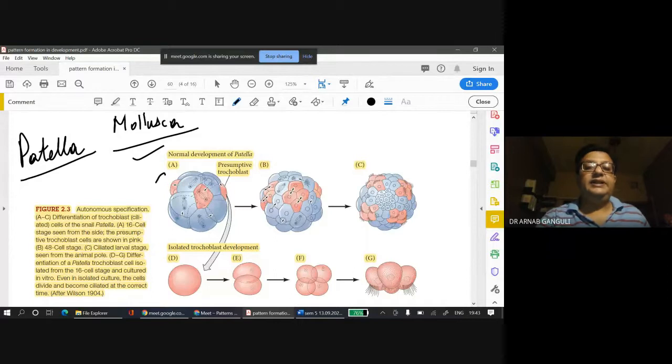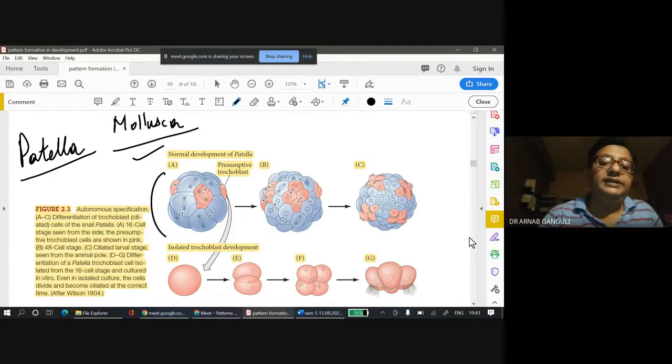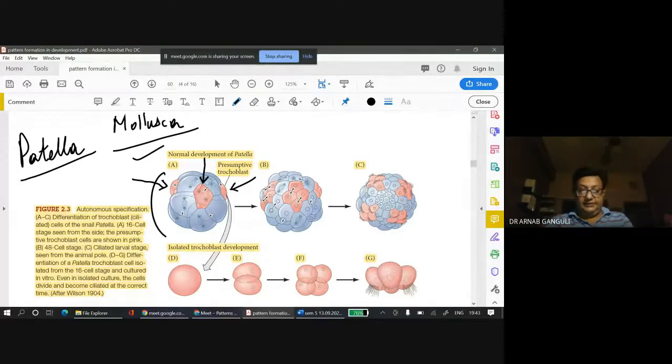This is the cell. These are the presumptive trochoblasts over here. This flesh colored one is one presumptive trochoblast. This is the second presumptive trochoblast. This is the third presumptive trochoblast. The trochoblast has not yet formed.